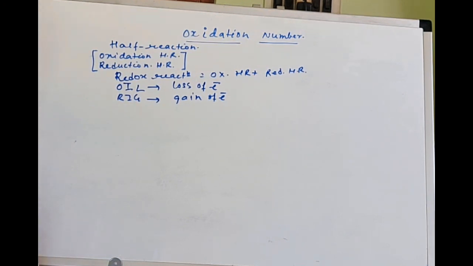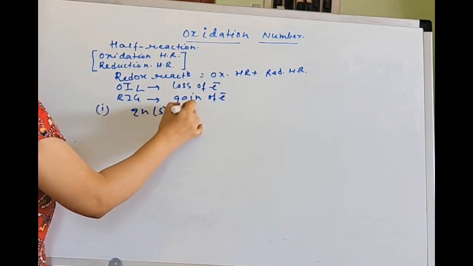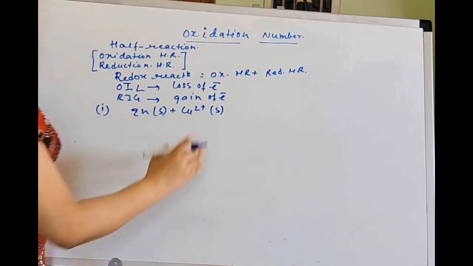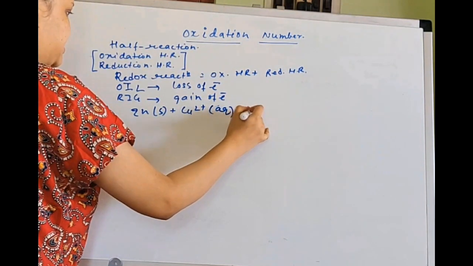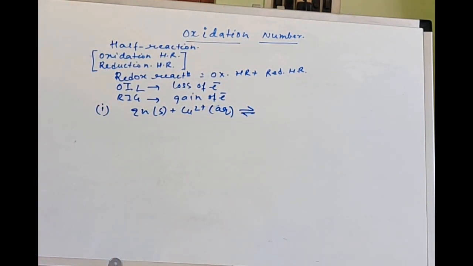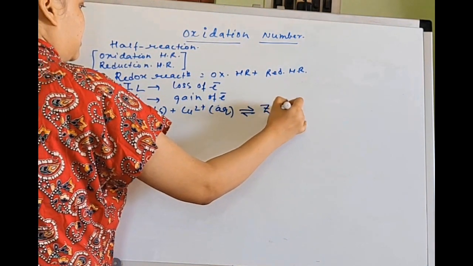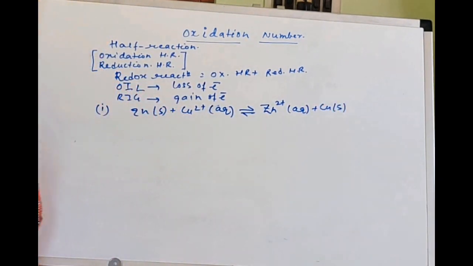So now we are considering one full reaction, that is Zn solid plus Cu2+ aquated, because it gets ionized in the aqueous solution. So we get Zn2+ aquated plus copper solid.